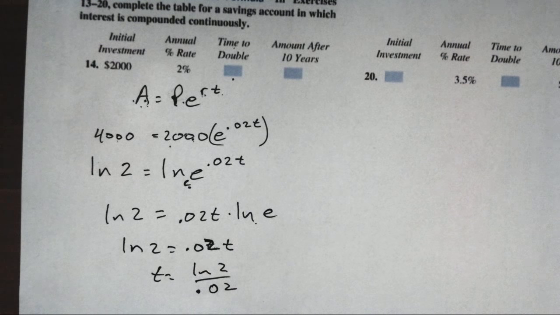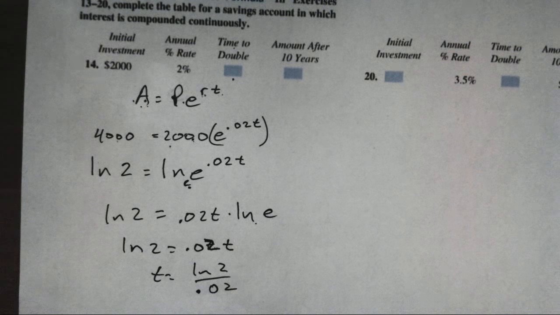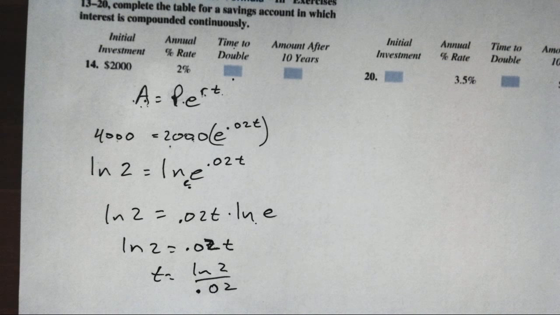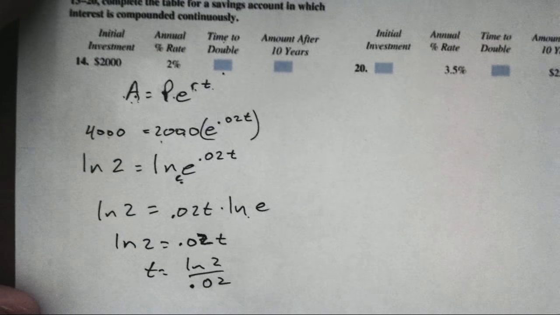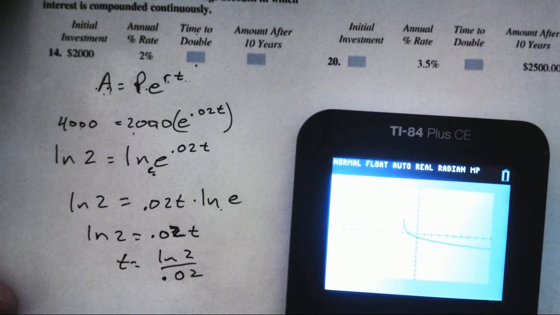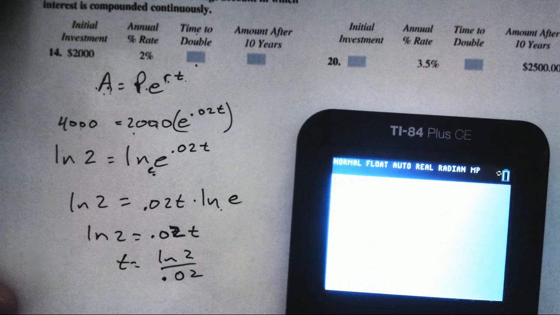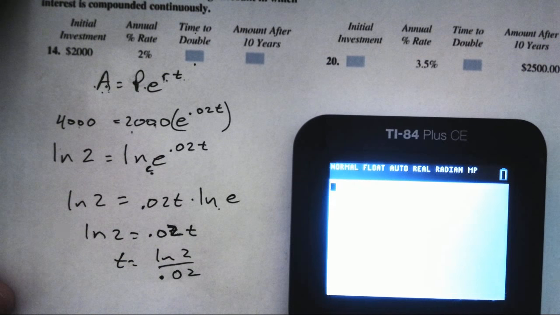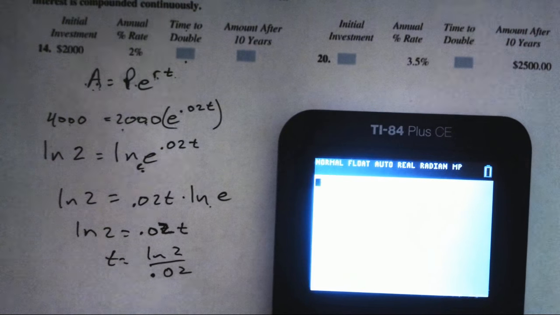Now there's our exact answer, but that doesn't necessarily have a whole lot of meaning to us. As mathematicians maybe it does, but certainly the general population not so much. So let's clear this and find that value.